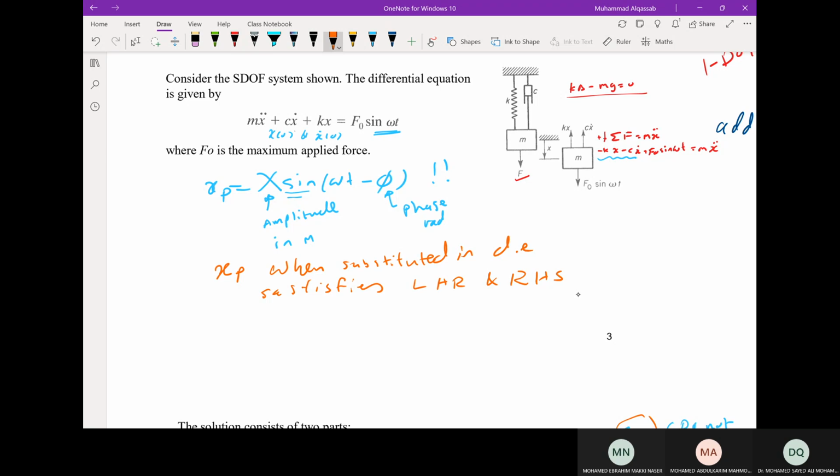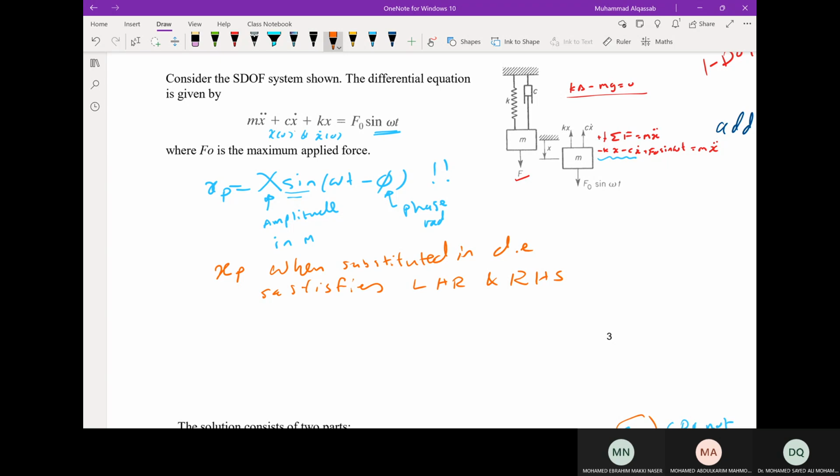Yeah, they should be equal. Okay, that is the characteristic of the particular solution. The homogeneous solution, when substituted in the differential equation, will equal 0. But here, the right-hand side should equal the left-hand side.